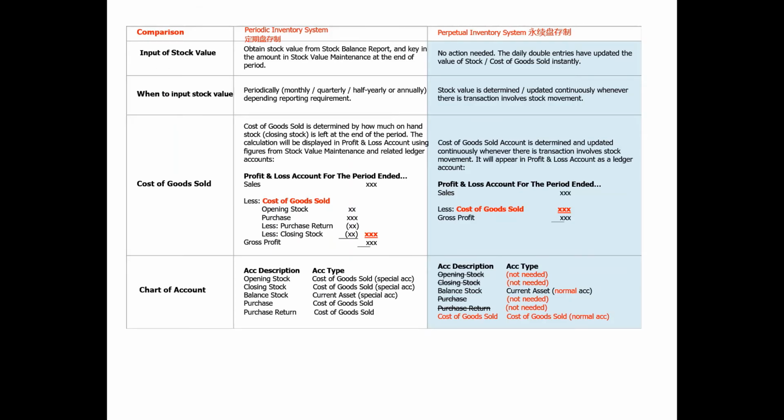Next, we have the input of stock value, right? So in periodic inventory system, obtain stock value from stock balance report and key in the amount in stock value maintenance at the end of the period.